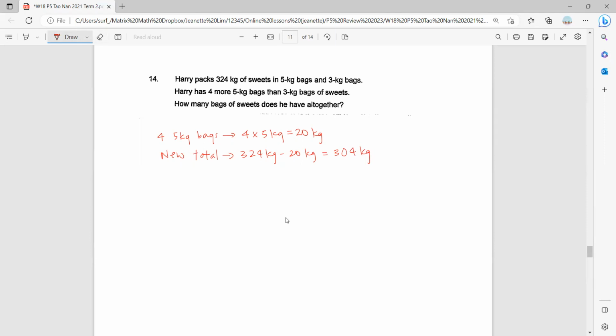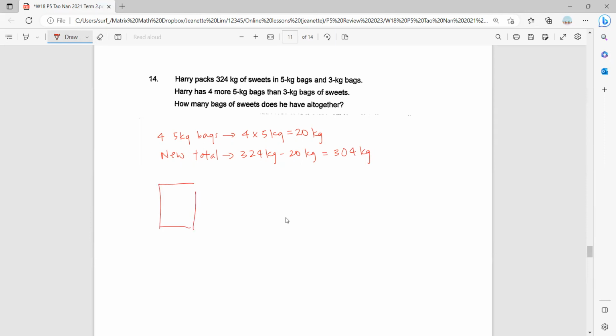Okay, so 304 kg. I can now use grouping where I have 1 each because there's no more extra quantity, right? Which means no more extra bags from the 5 kg. I have equal number of bags now.